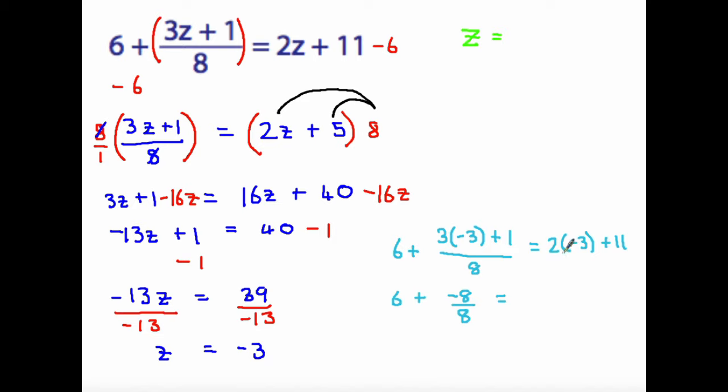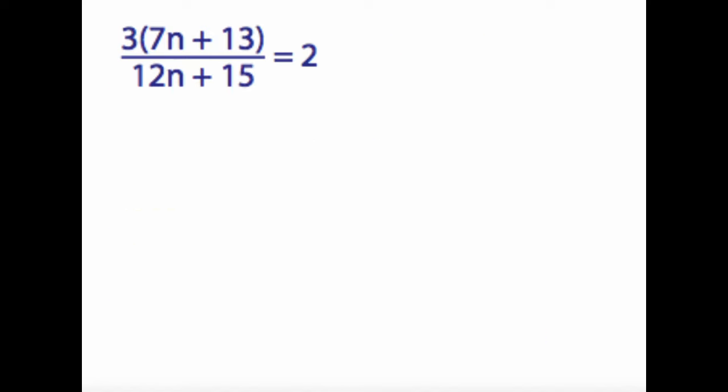And this will be negative 6 plus 11. So 6 minus 1 is 5. And on this side, negative 6 plus 11 is also 5. So we know that this is the correct answer because the left-hand side is equal to the right-hand side. This is the answer to my equation.